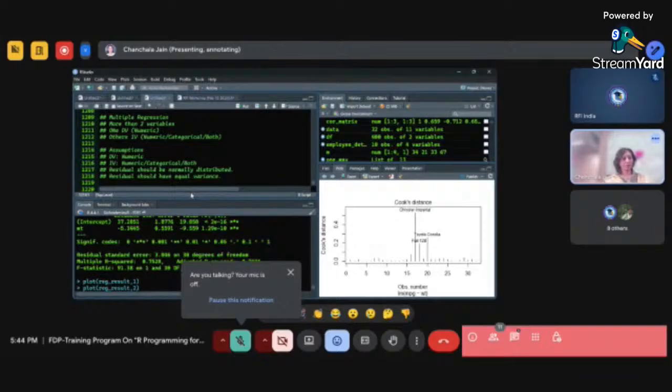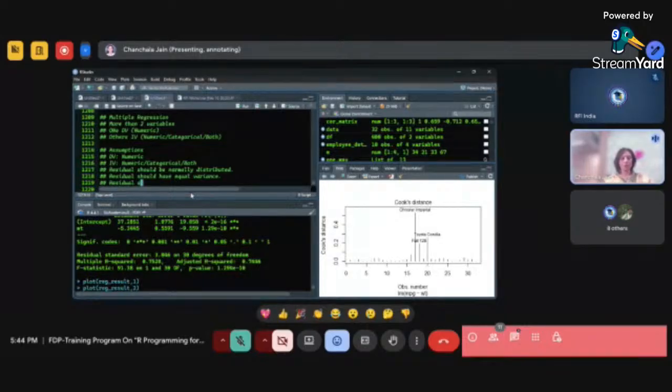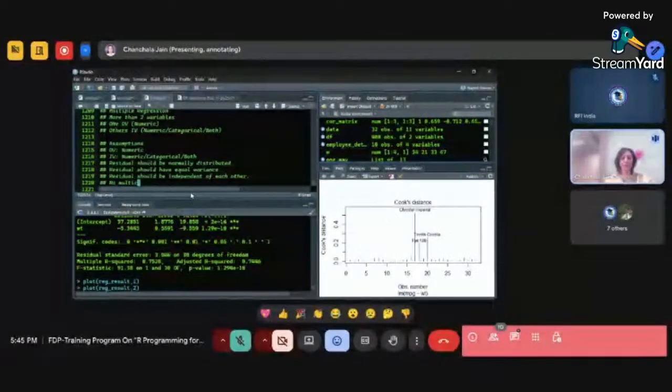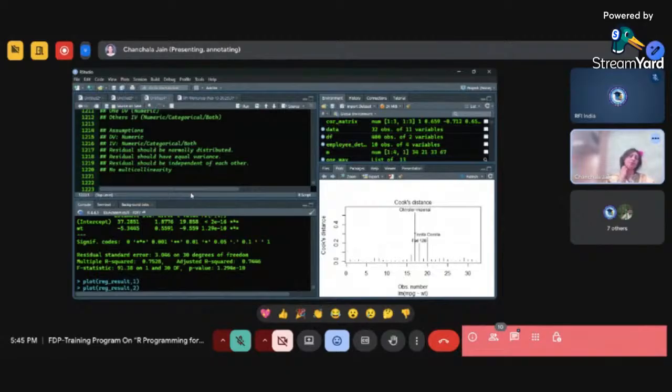Then residual should be independent of each other. Then no collinearity. Right?